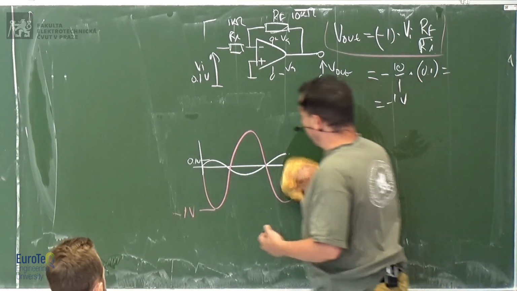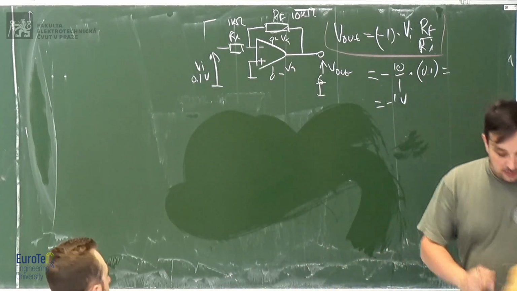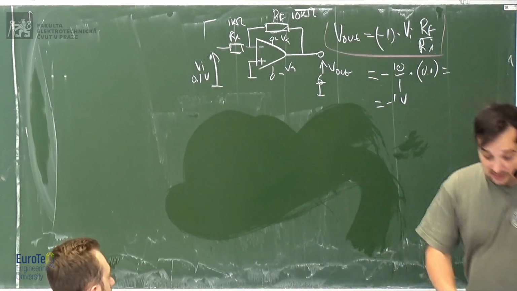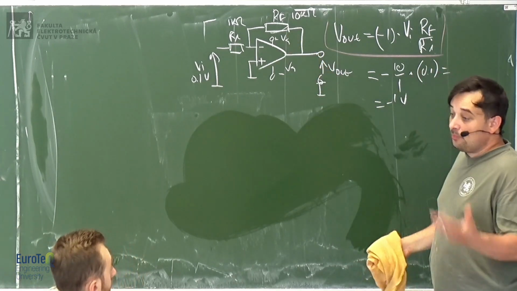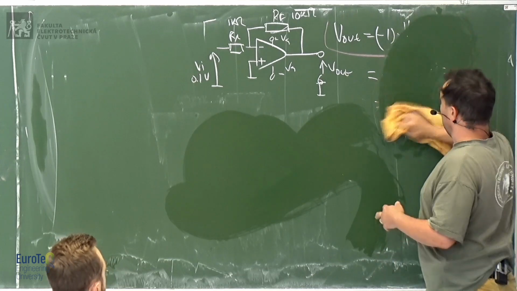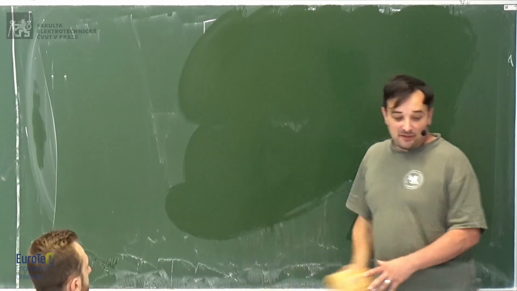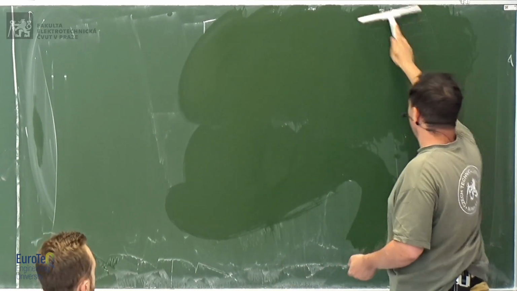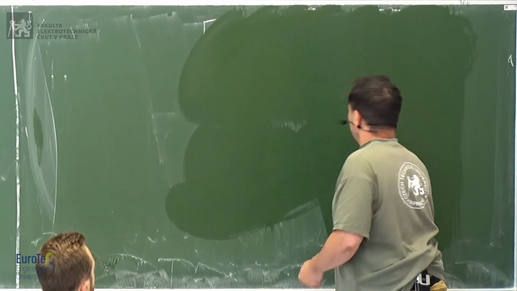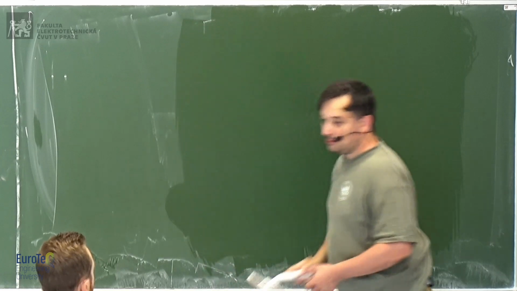Now, in fact, you can do all your calculations using phasors. Let's say that instead of having a resistor here, you put a resistor plus an inductor. A coil with some ferromagnetic core can be modeled by a resistor plus an inductor, okay?